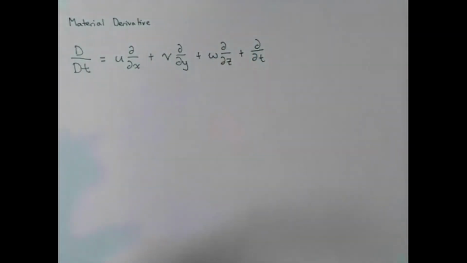I keep saying times when I should be saying plus. So I apologize for that confusion. I hope that you're actually looking at my notes because I say times, but I actually mean plus.